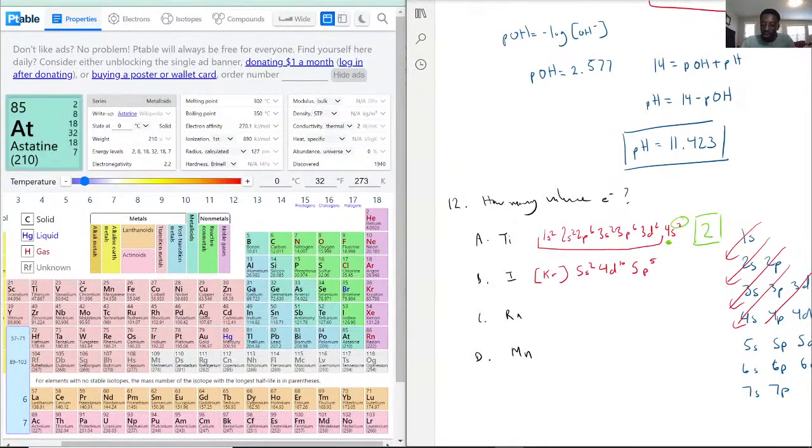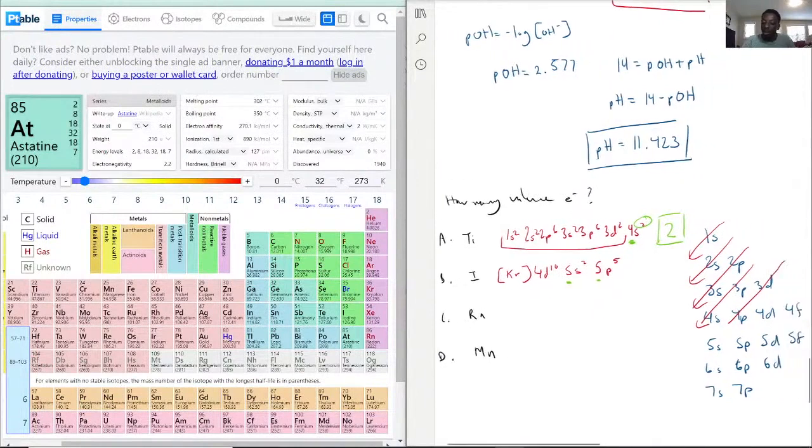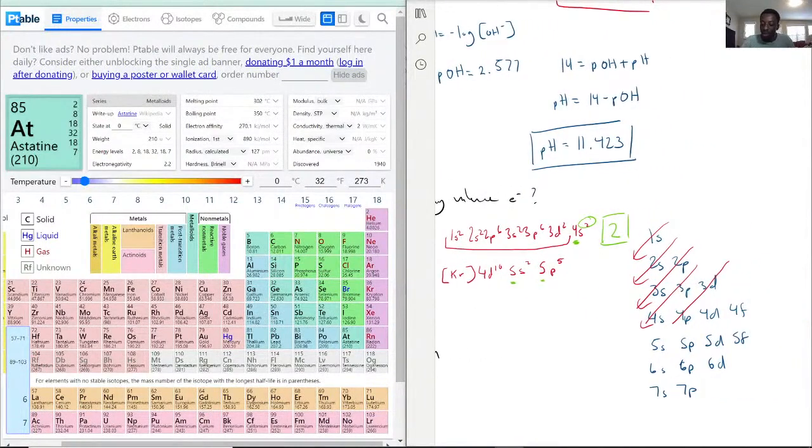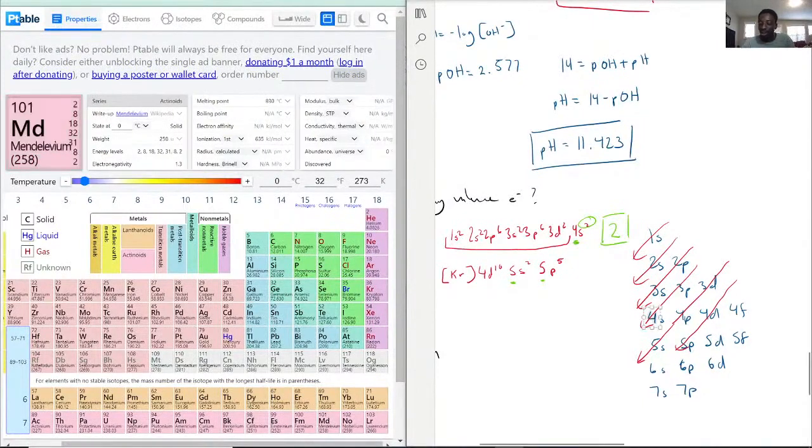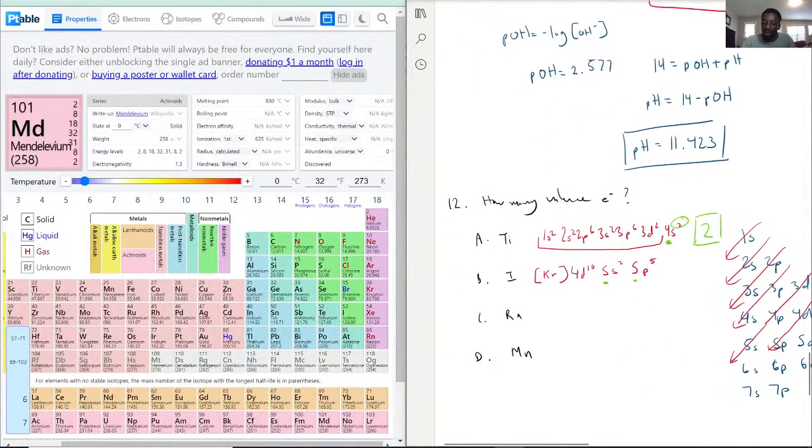Okay, so if we rearrange this, it'll be 4d10 5s2 5p5, and like I said, 5 is the greatest number here, so that would be the last shell. This is what we went through, and we stopped at the 5p. So with that being said, 5 is the greatest one, so then we circle the superscripts on the 5s and 5p, and we add them together.